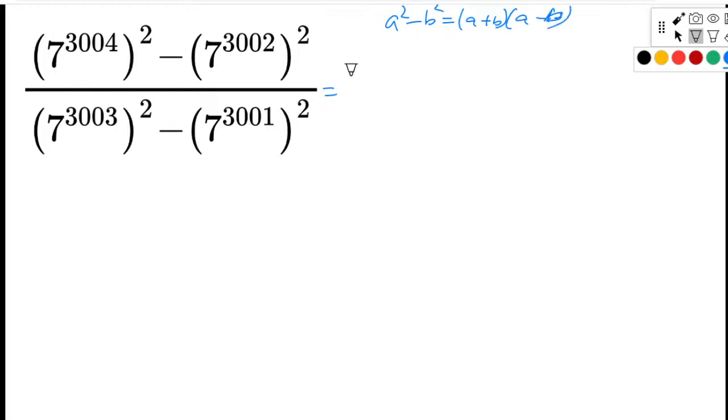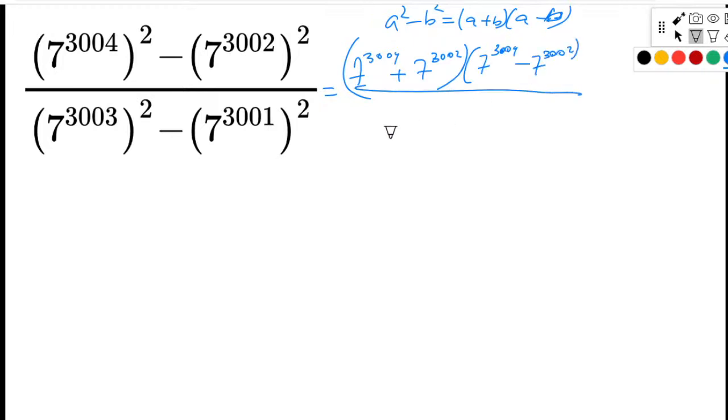Let's do it here as well. 7 to the power of 3002, here 7 to the power of 3004 minus 7 to the power of 3002, plus 7 to the power of 3001 multiplied by 7 to the power of 3003 minus 7 to the power of 3001. So the least value out of brackets, and it would be 7 to the power of 3002.